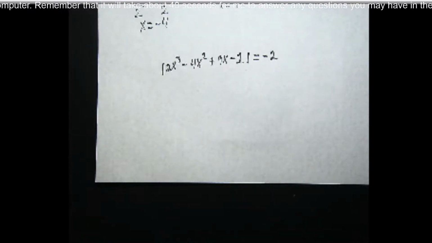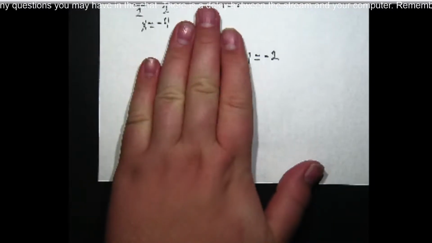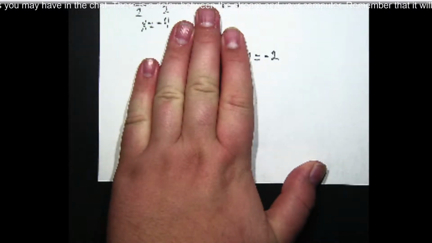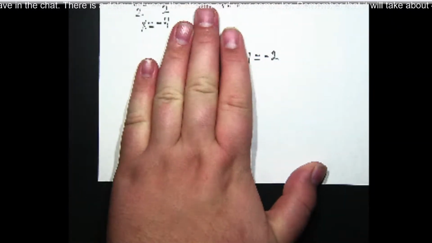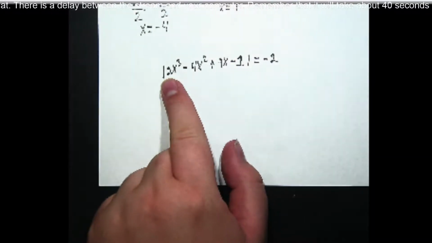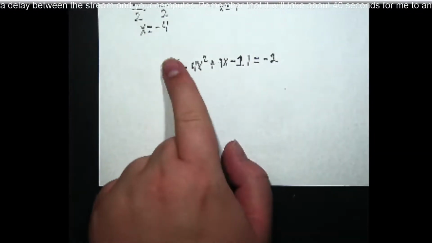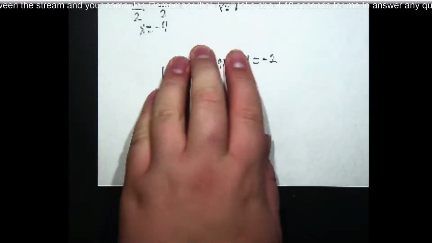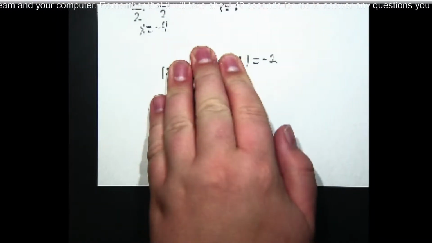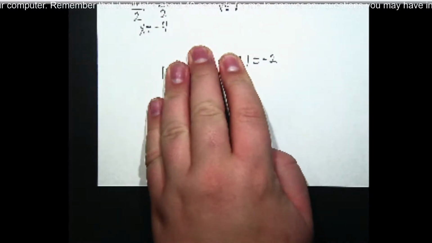You should be able to give it to me immediately. Nope. I'll give you a hint. Doesn't matter what's over here. What is the problem with this, though? Oh, the exponents don't matter. Doesn't matter what's inside those absolute values. I could put anything in there. There's a problem with this one.